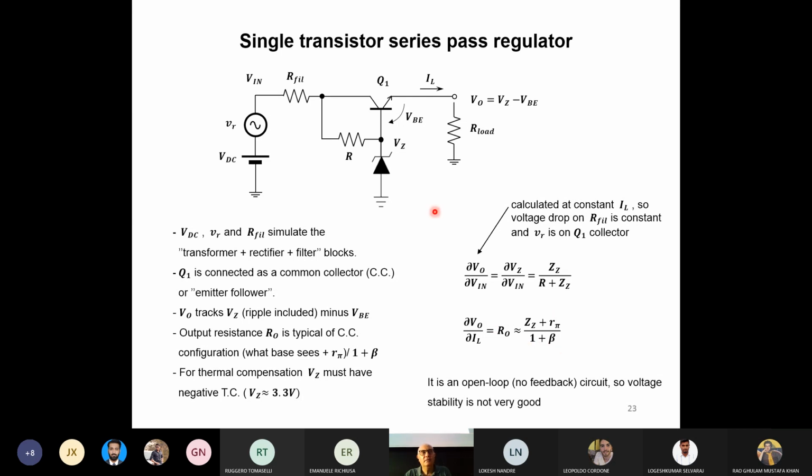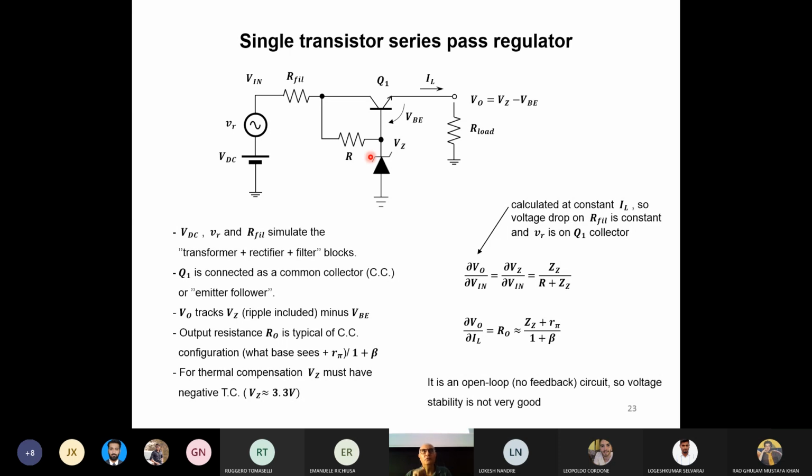This circuit here works, but it has no intrinsic feedback. We can improve things if in some other way we measure the output voltage and change the transistor biasing a bit.